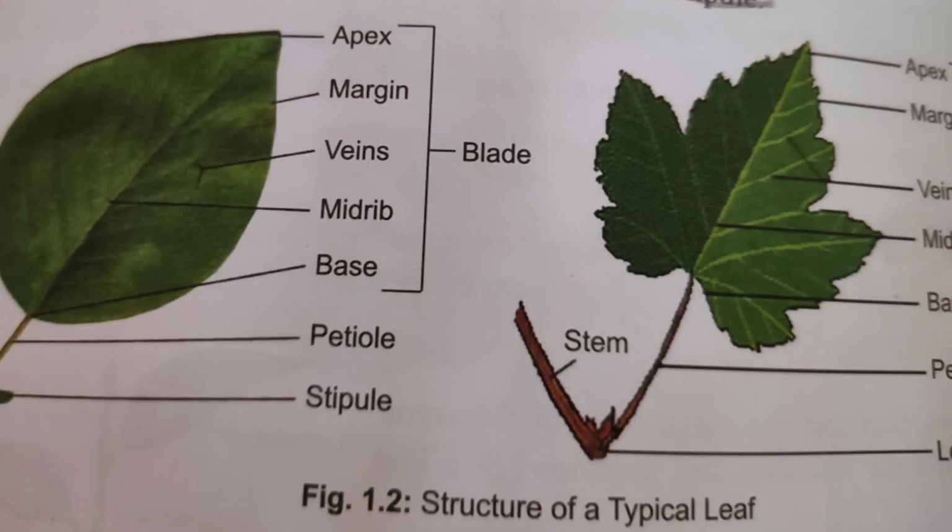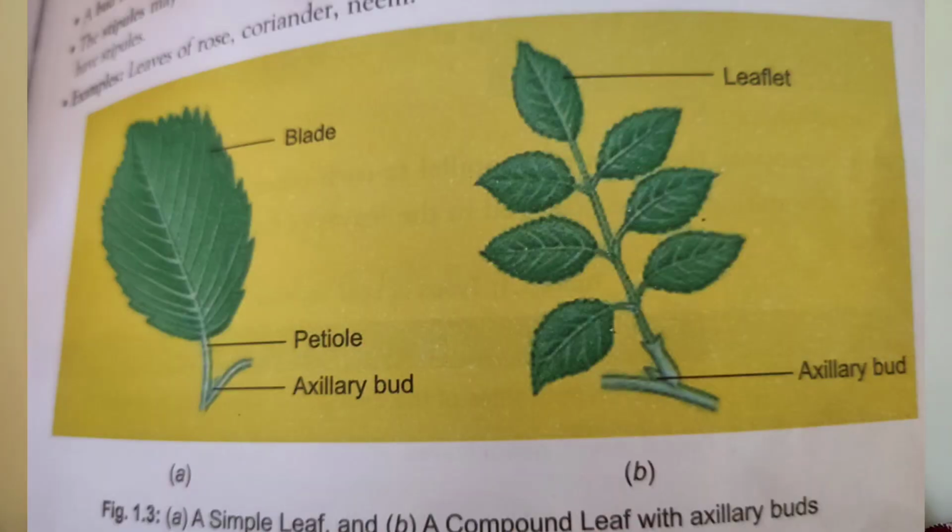Then children, we have learnt about the simple leaf and the compound leaf. What are compound leaves? A leaf with lamina divided into 2 or more leaflets is called the compound leaf. After that, we have learned the difference between the simple leaf and the compound leaf.